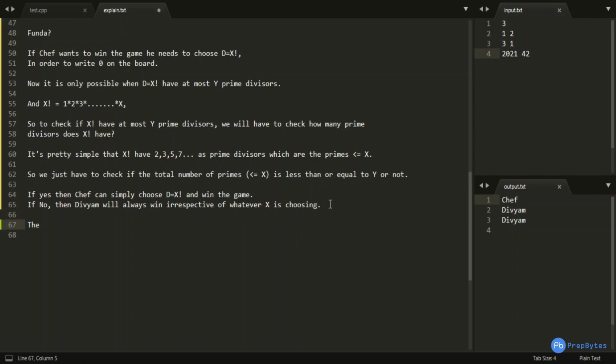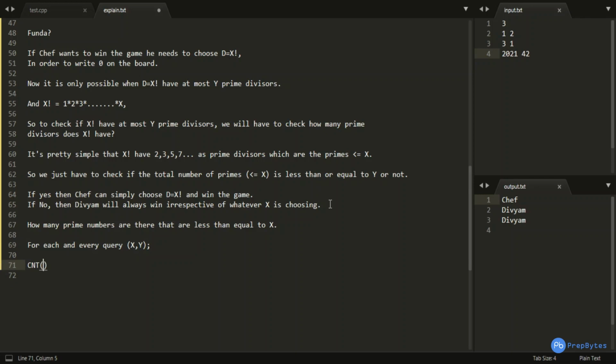So my problem boils down to calculating how many prime numbers are less than or equal to x. So for each and every query x, y, I would have a function which is count.